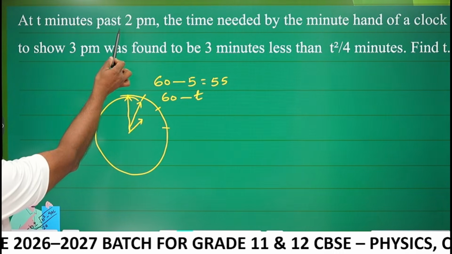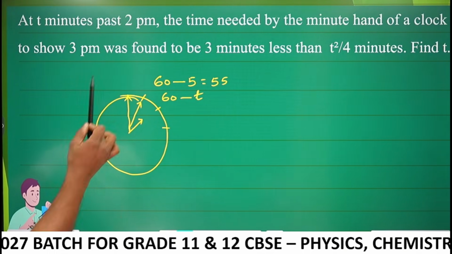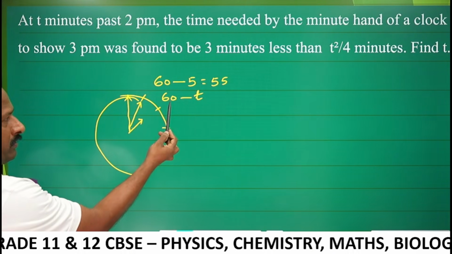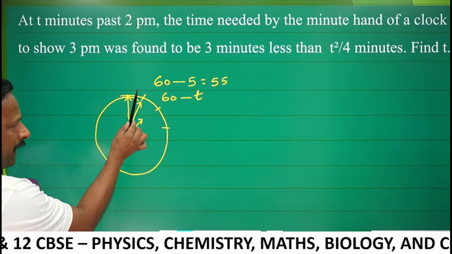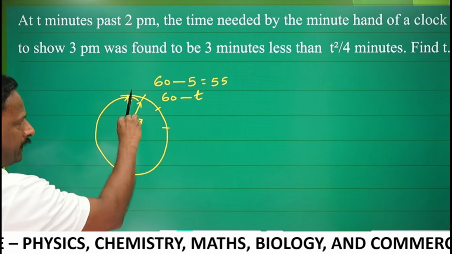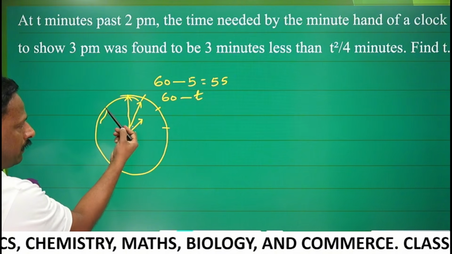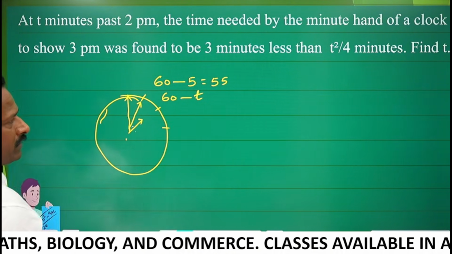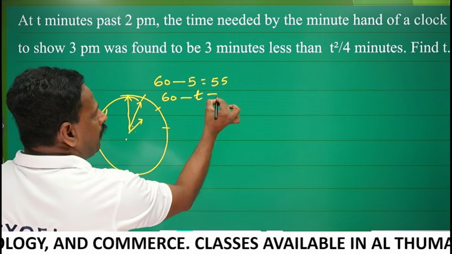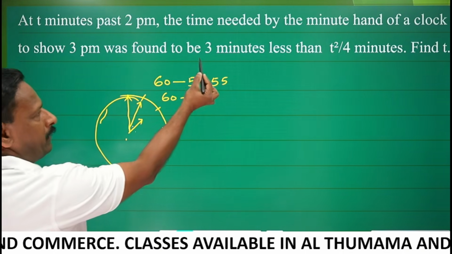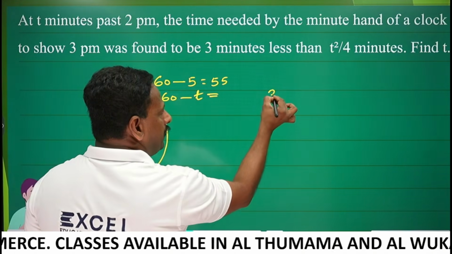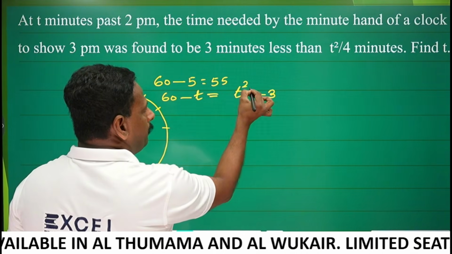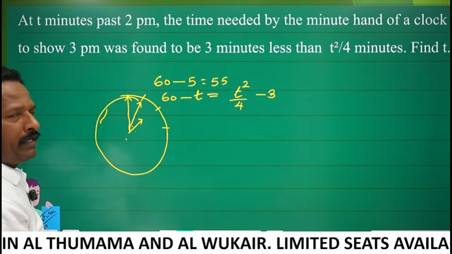At t minutes past 2 p.m., the time needed by the minute hand of a clock to show 3 p.m. is 60 minus t, right? That is found to be 3 minutes less than t square by 4 minutes.